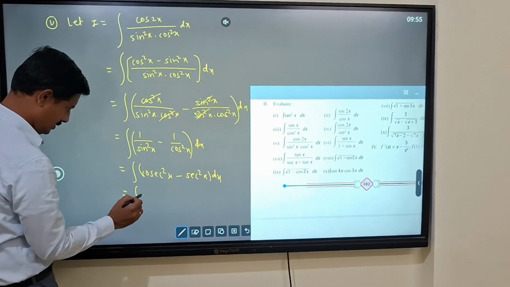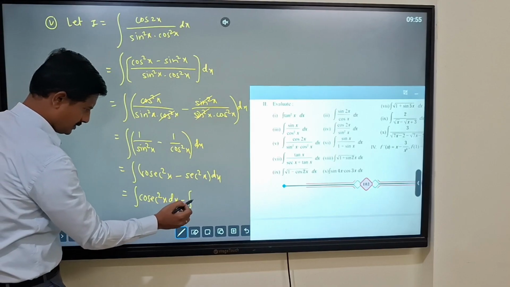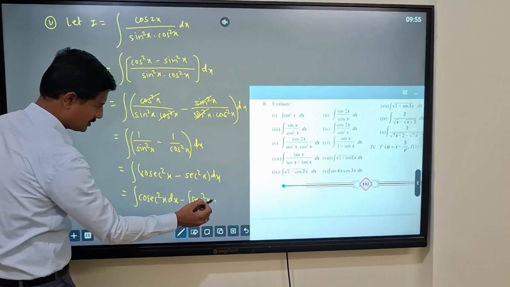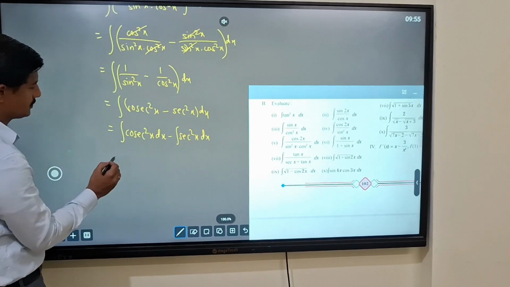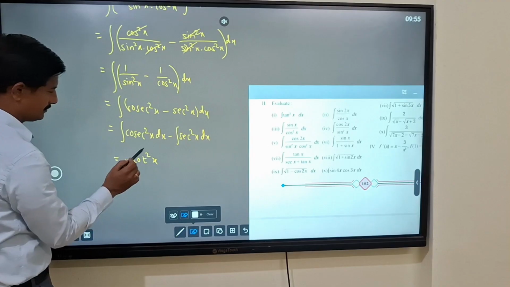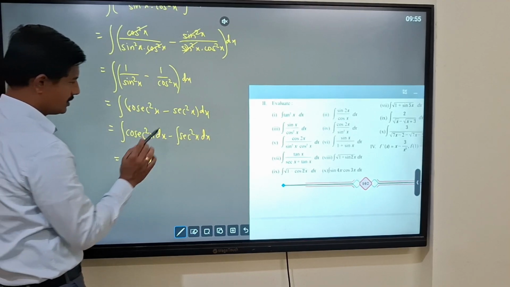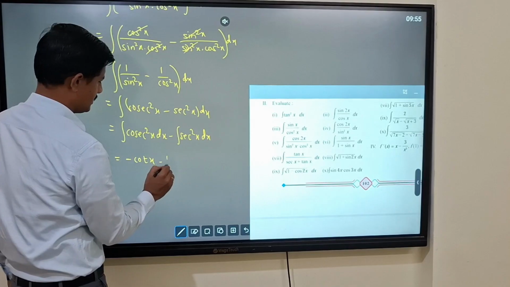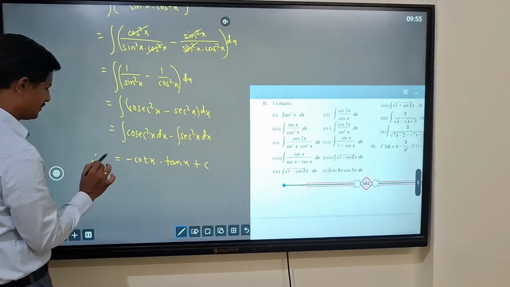So this is integration of cosec square dx minus integration of sec square dx. Integration of cosec square x is minus cot x and sec square x is tan x plus c.